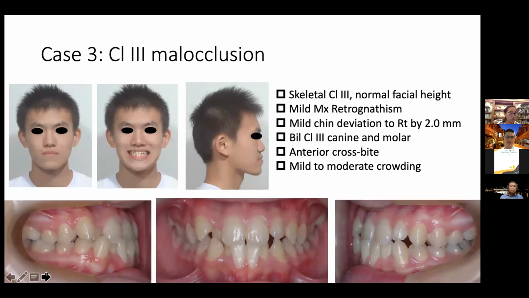So let's take a look at this class 3 case. This is an 18-year-old class 3 male with normal facial height, a divergent facial type, and mild maxillary retrognathism, mild chin deviation to the right side by 2 millimeters, bilateral class 3 canine and molar, anterior crossbite, and mild to moderate crowding.